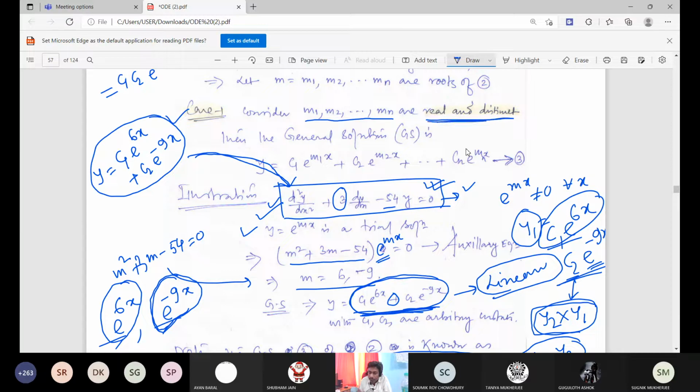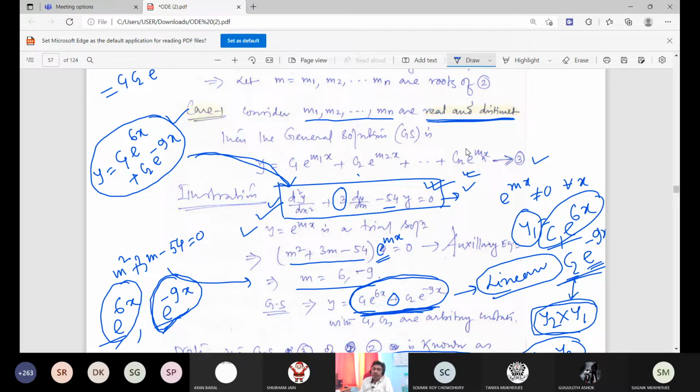Then the general solution will be c1 e to the power m1x plus c2 e to the power m2x plus and so on cn e to the power mnx. That is the linear combination of all the solutions, e to the power m1x, m2x, and so on e to the power mnx, and this linear combination is given in equation 2.